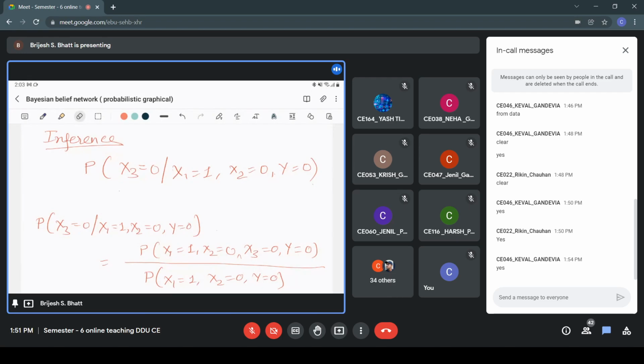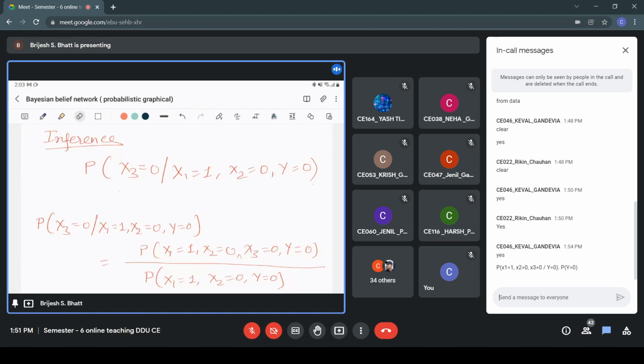Good. So now, how do we model this joint distribution? The numerator is the joint probability of x1, x2, x3, and y. Keval, what you have written holds for naive Bayes classifiers.